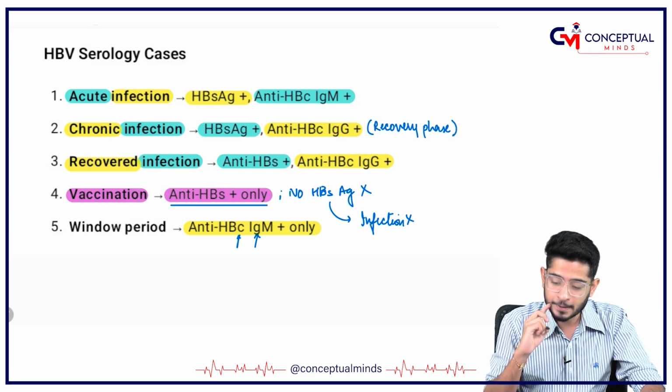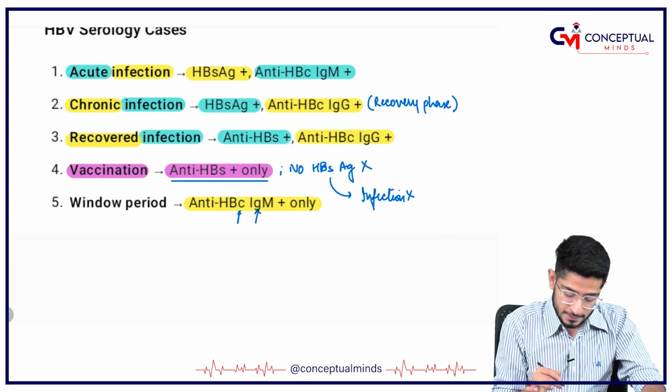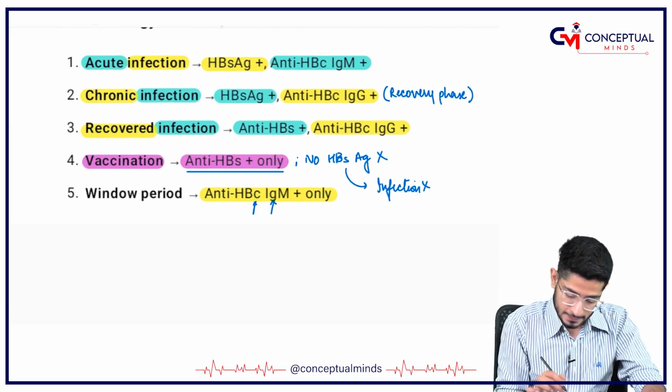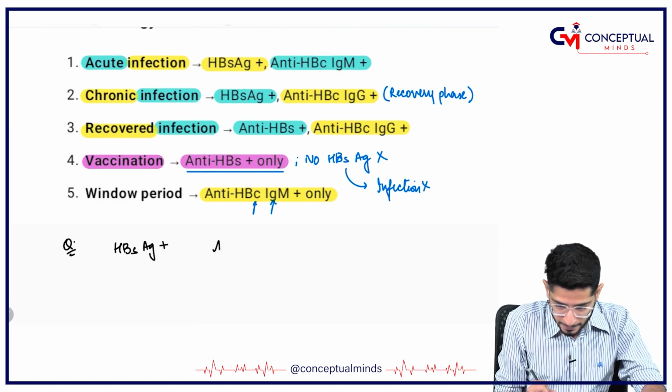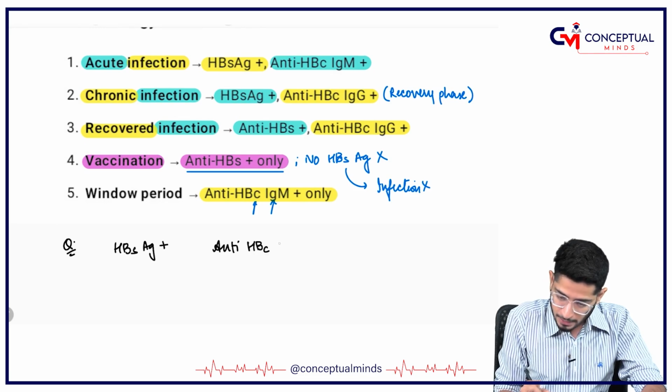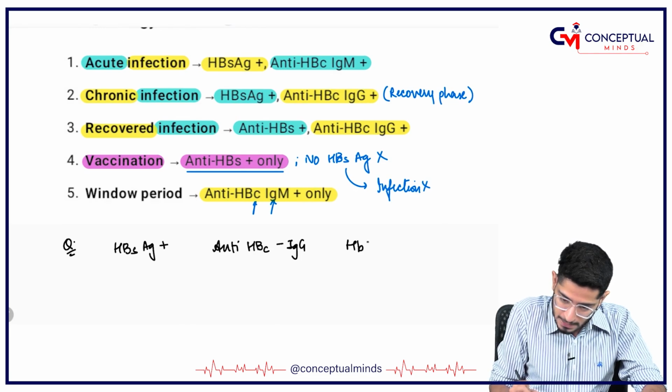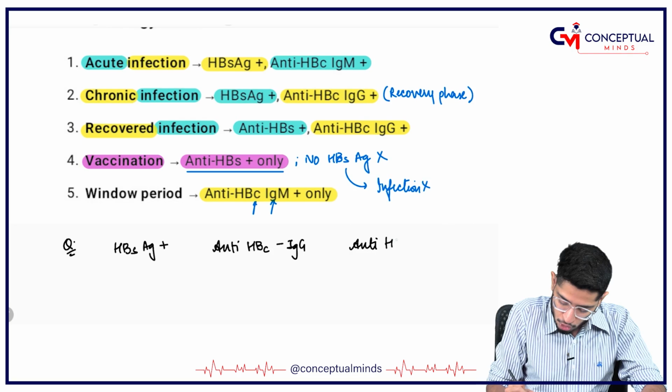And now one more example if I take, you have to tell me in the comment section: if HBs antigen is positive plus anti-HBc IgG is there plus anti-HBe is positive.